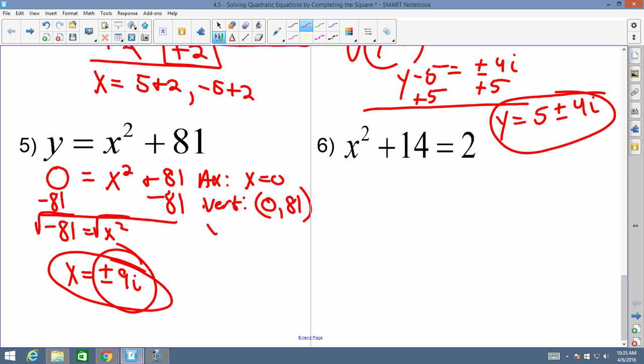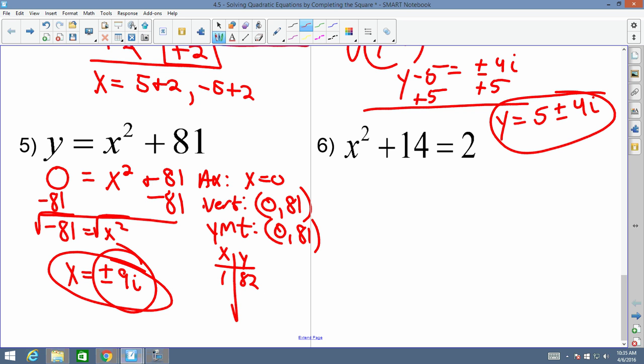My y-intercept is also (0, 81). Uh-oh. I have the vertex and the y-intercept at the same point. No big deal. You already taught us that: you choose an extra point. Let's say when x is 1, y is 82.